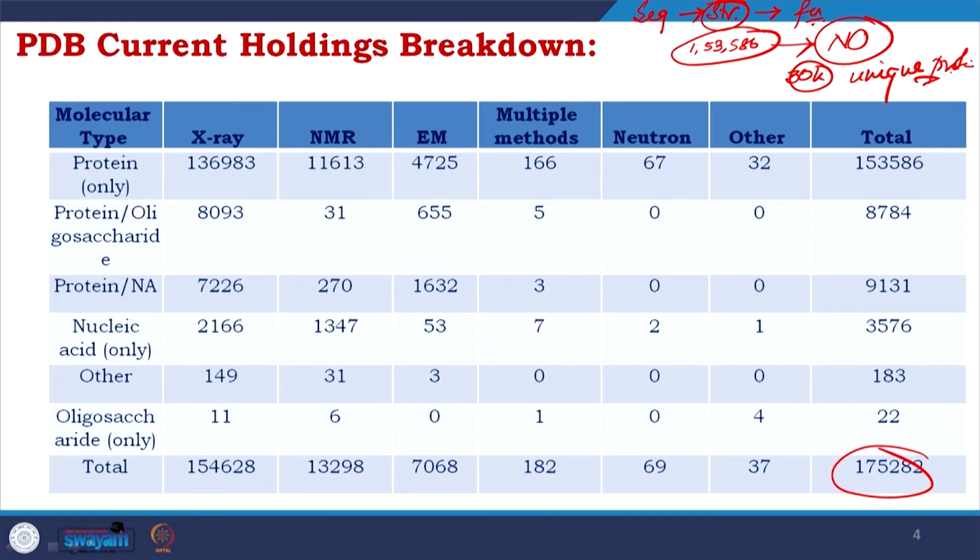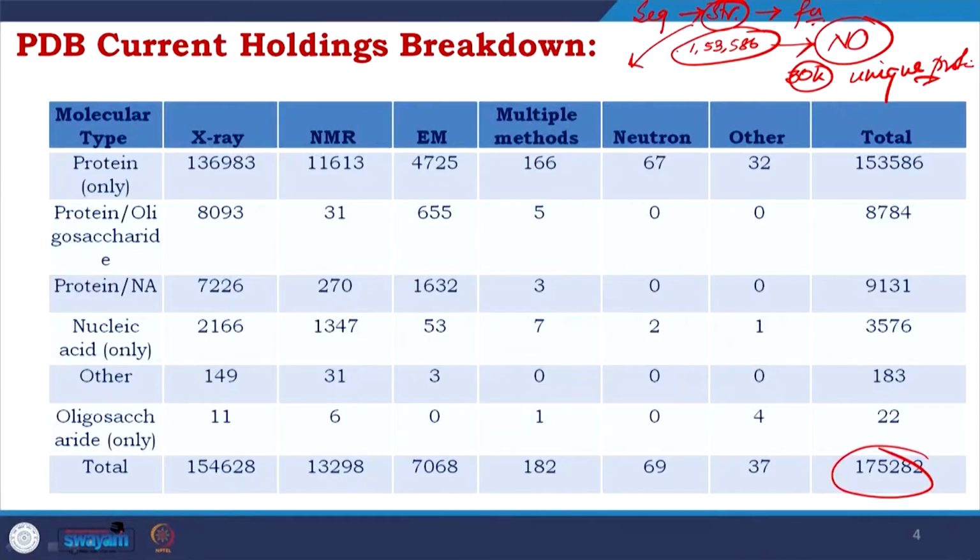Another knowledge: initially when the journey of structure determination started, for protein, when we say structure to function, the important thing is fold, how the protein is folded, and that is why it is critical to go on a journey from sequence to structure.